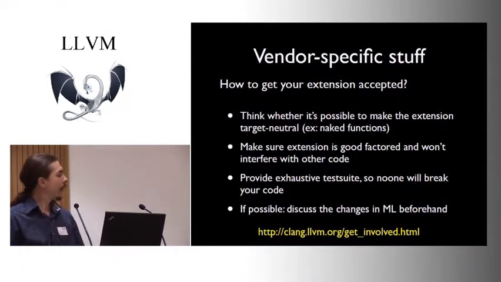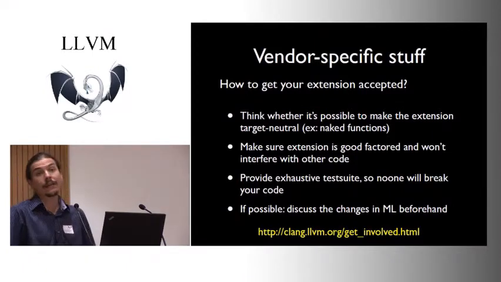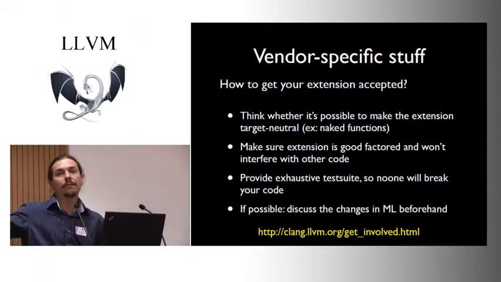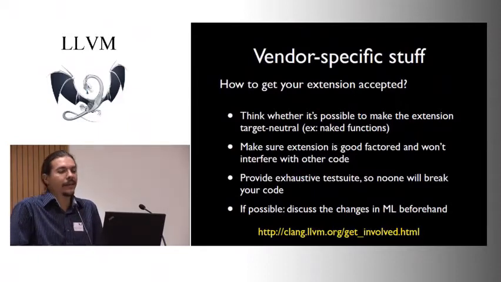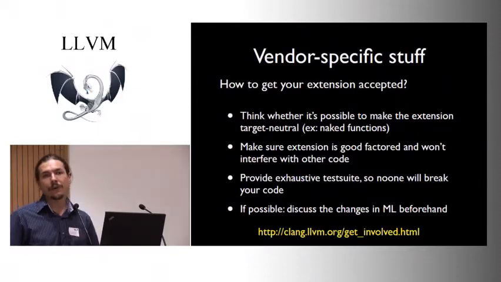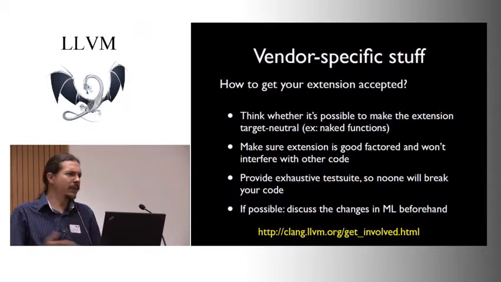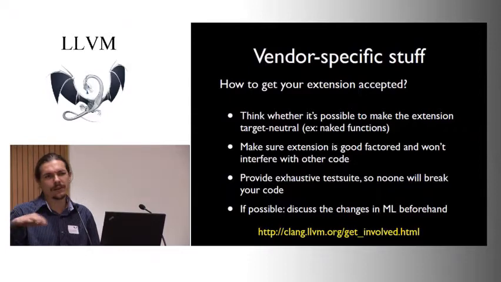For example, when there was a necessity to add naked functions support, it turned out that we could go the target neutral way, and we ended up with probably 5 or 10 lines of code just to add naked functions. So right now, the support for naked functions is target neutral, so any target can use this. In GCC, for example, only a subset of targets support naked functions, and some are supported more or less okay, some are broken.